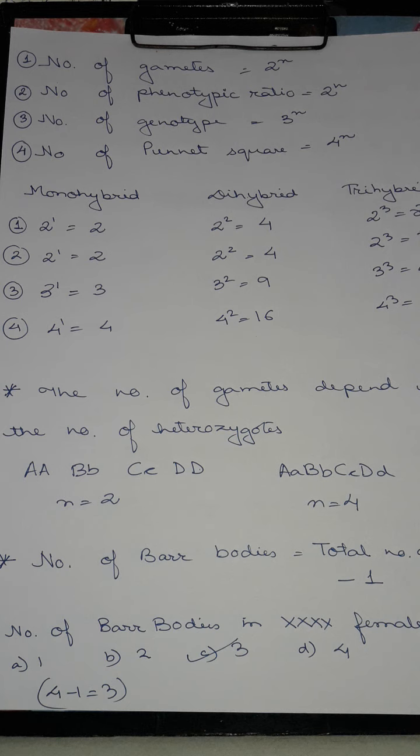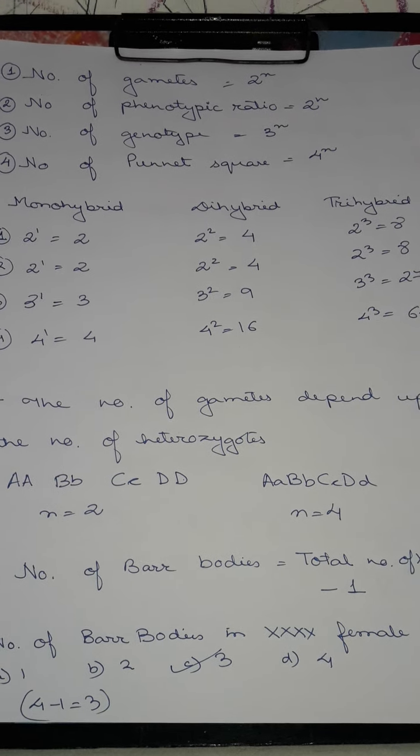First of all, frame it out in your copy or rough paper, then only you will be able to solve the problems, okay? Because whenever the questions are given, they are very big but their answers are very small. So very patiently you have to read it first and then only you can solve it.